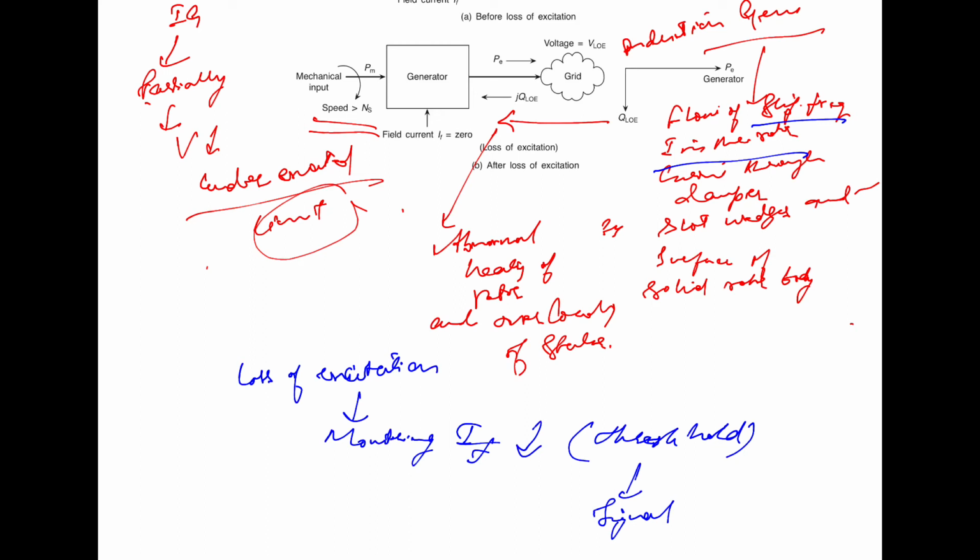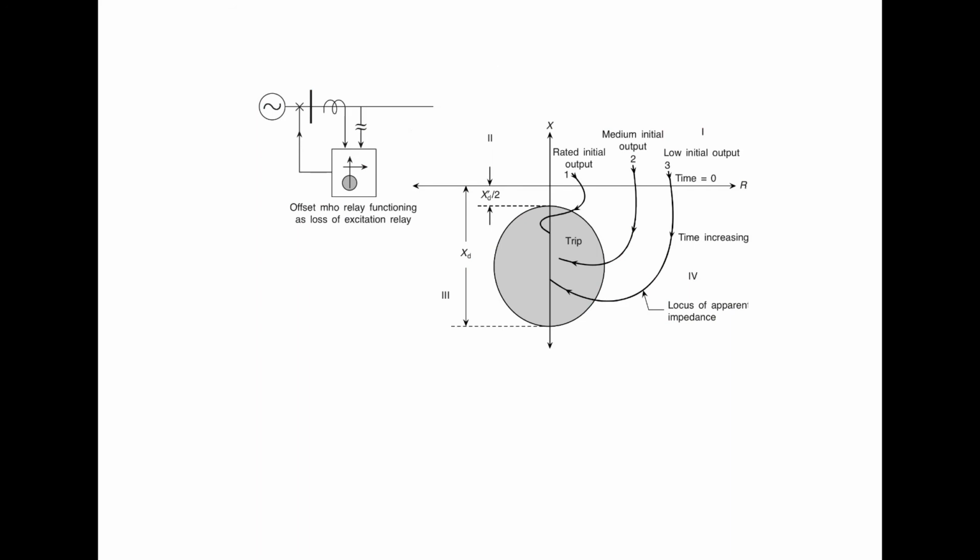Now, the second thing: the quantity which changes the most when the generator loses the field excitation is the impedance.